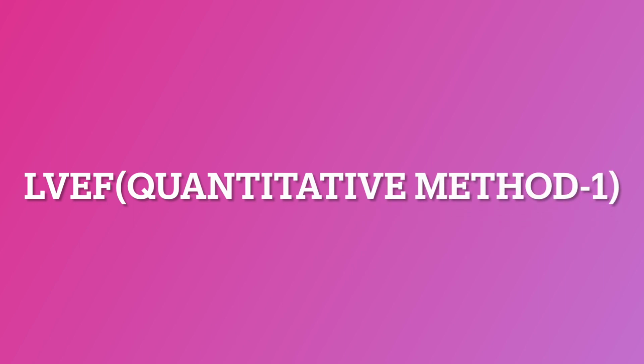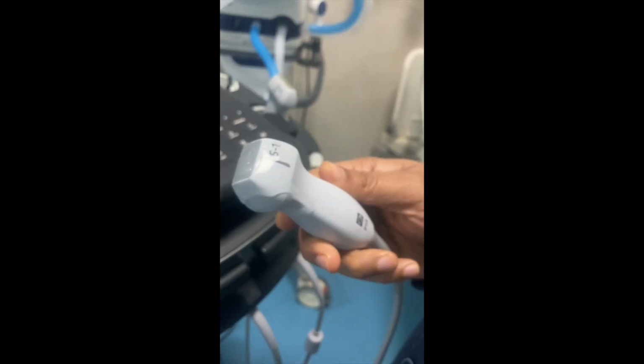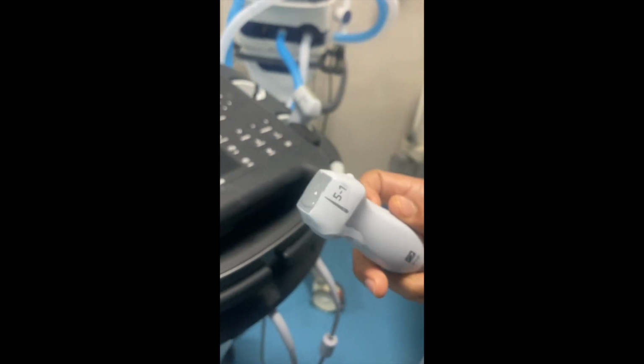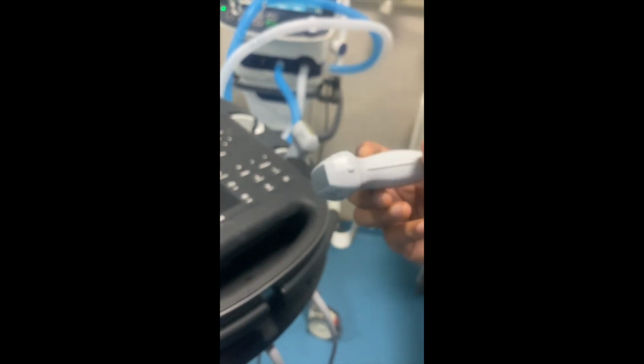So the first quantitative method of left ventricular ejection fraction assessment is that first we have to calculate the E-point septal separation, and then the findings can be applied into this formula, and we can find out the left ventricular ejection fraction of the patient. For this, first we have to see the parasternal long axis view.